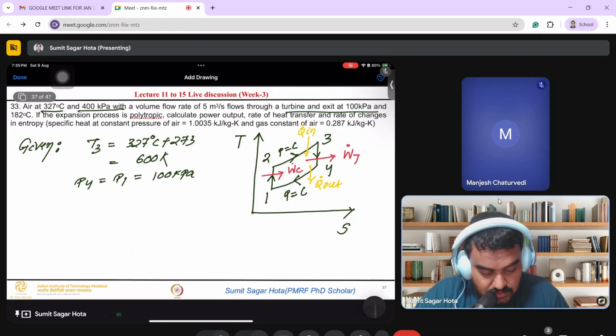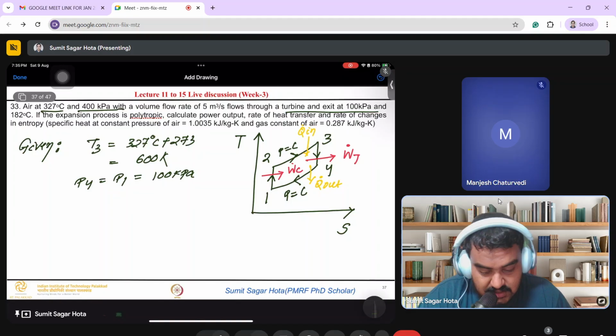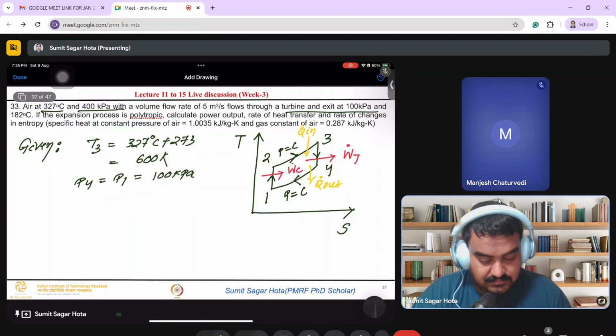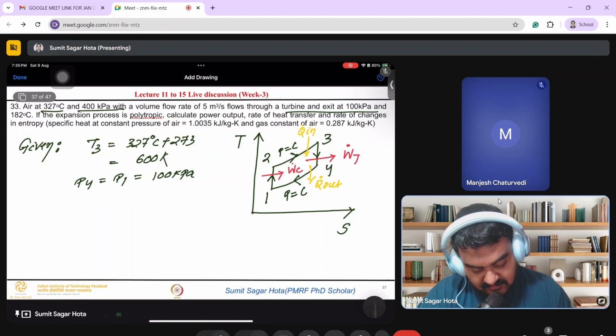So the inlet to the turbine is T3, and P3 is 400 kilopascal, and exit means P4, which is 100 kilopascal.